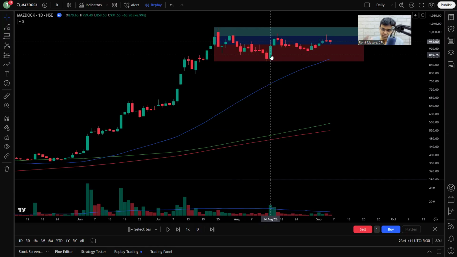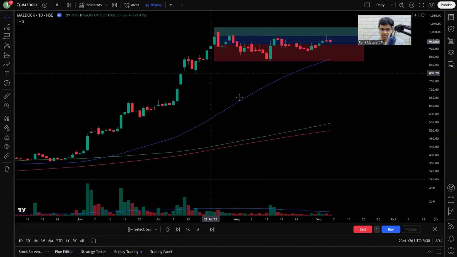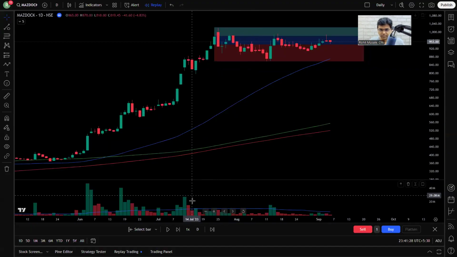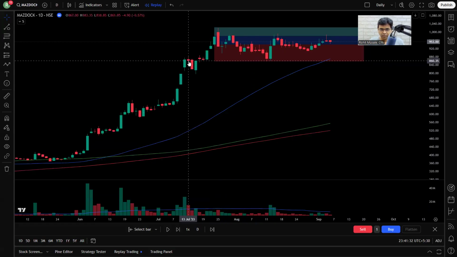Okay, here we are looking at candle by candle, and then I will sum up everything, and I will help you understand what we should expect inside the base. Then you have high volume, weak closing. So high volume, let's see, yeah, see this candle. No, this candle is strong closing on high volume.